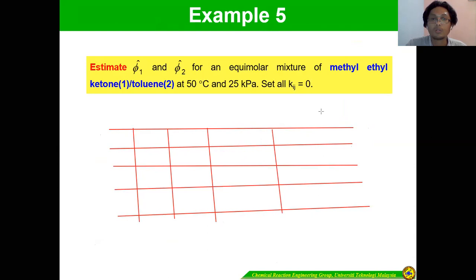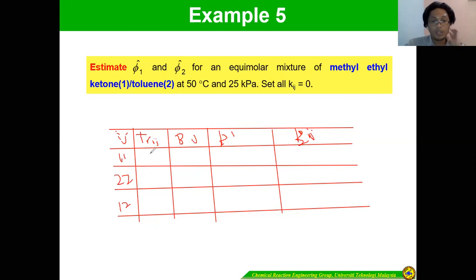So this one is ij, TRij, B naught, B prime, as well as Bij. This one is for pure component 1 1, this one is for 2 2, and this one is 1 2.